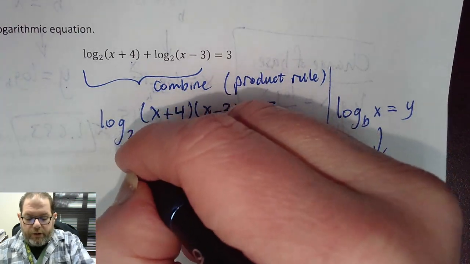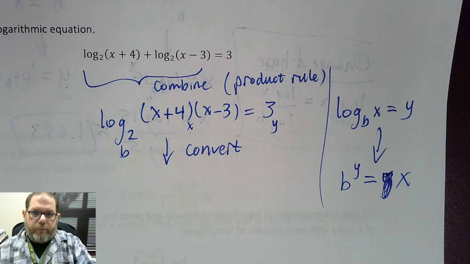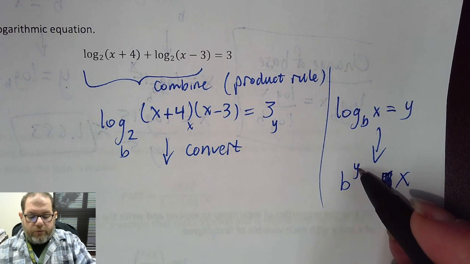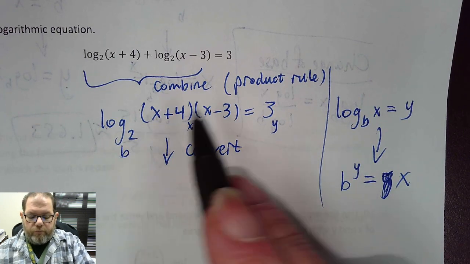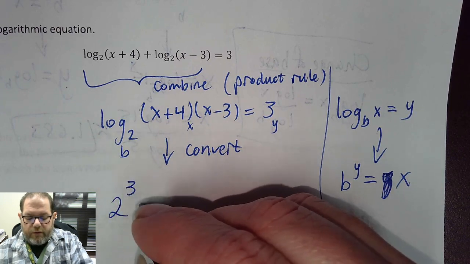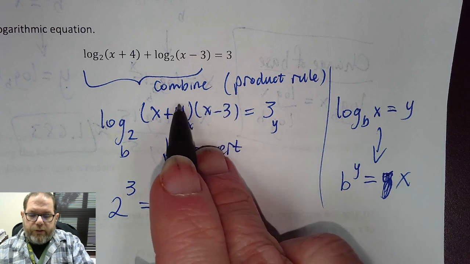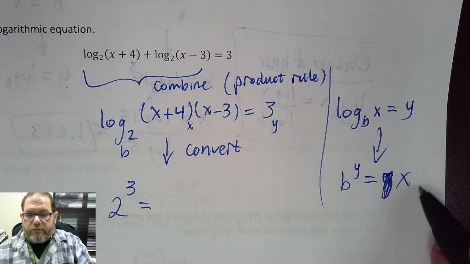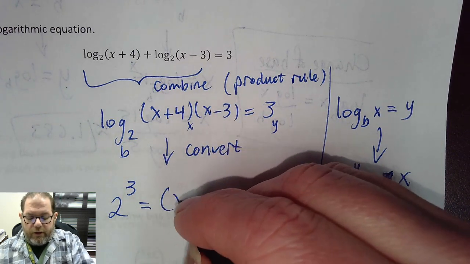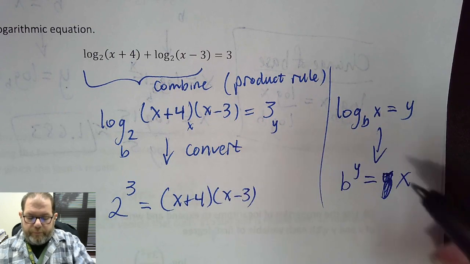So here's our b, here's our x, and here's our y. So if we take b to the y, that's going to be 2 raised to the 3 power after we convert this. And then our x inside the logarithm to begin with now comes over to the right hand side. So it's equal to x plus 4 times x minus 3.